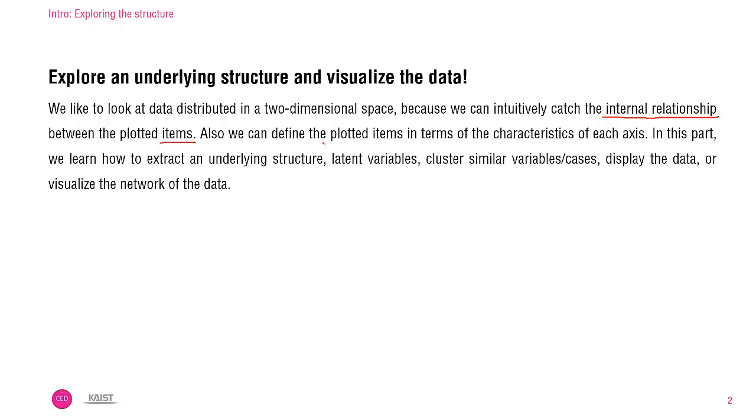Also, we can define the plotted items in terms of the characteristics of each axis. In this part, we learn how to extract an underlying structure, so underlying axis, latent variables, cluster similar variables or cases, display the data, or visualize the network of the data.